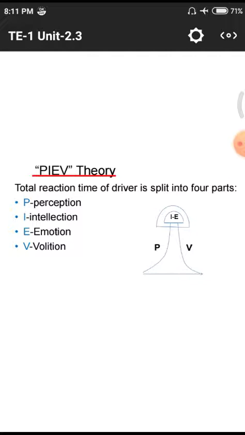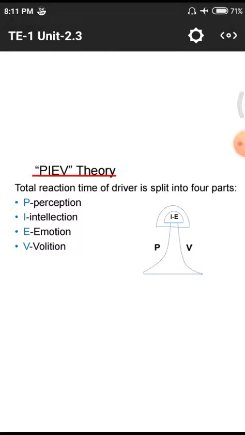Perception we have mainly discussed in the previous slide. Next are intellection, emotion, and volition. Intellection means the skill of the driver, the intellectual ability. Next one is emotion. Emotion is what the driver feels when he suddenly observes a vehicle, and it will be observed on his face.